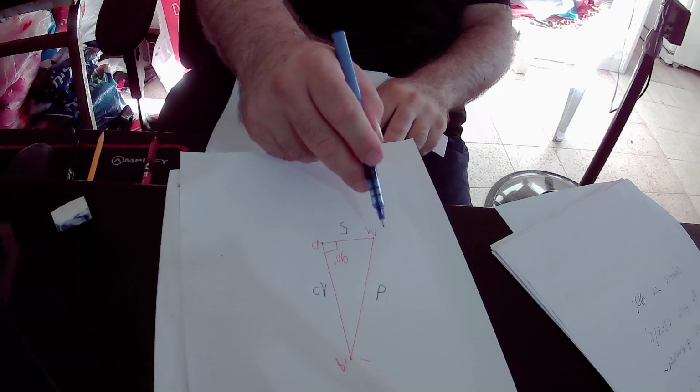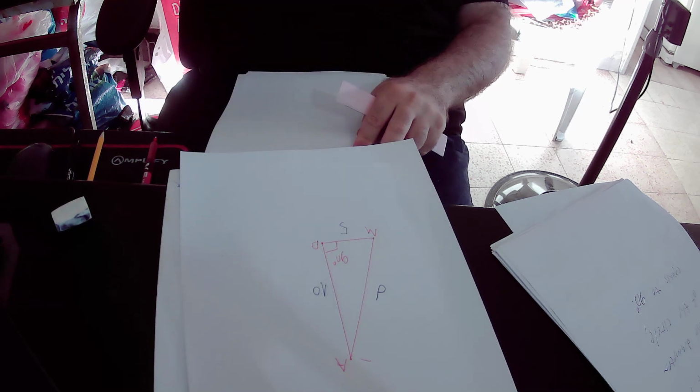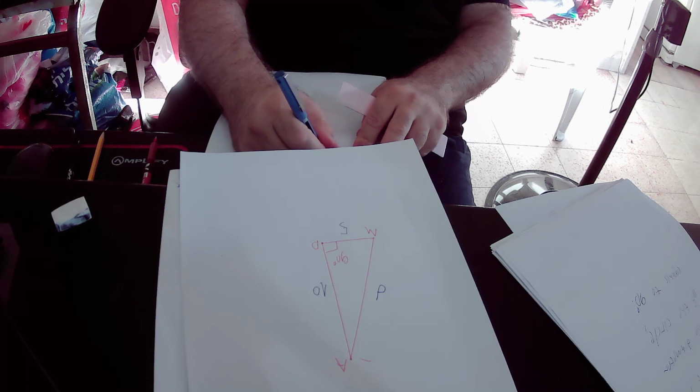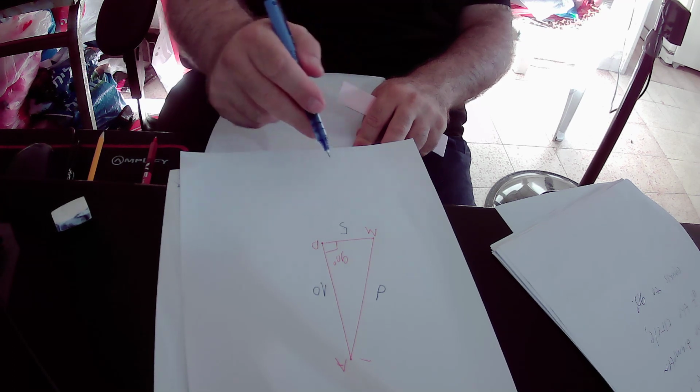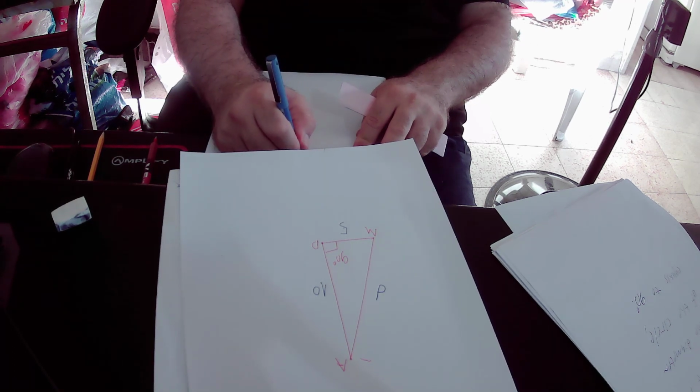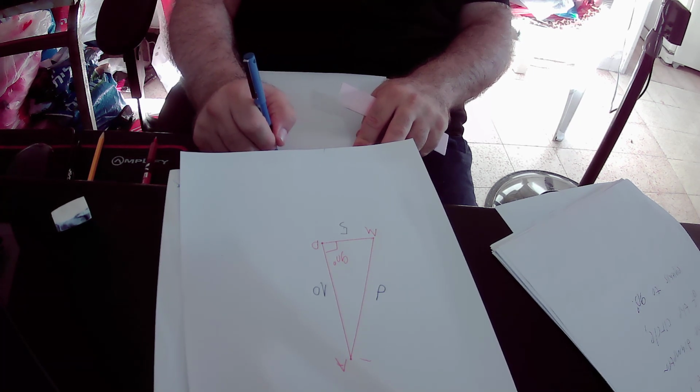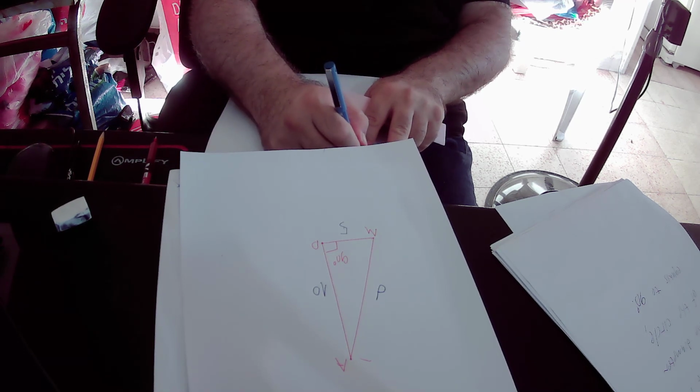The square of the hypotenuse, that is to say AM square, equals the sum of the squares of the perpendiculars, equals MD square plus AD square. This will be our third equation.